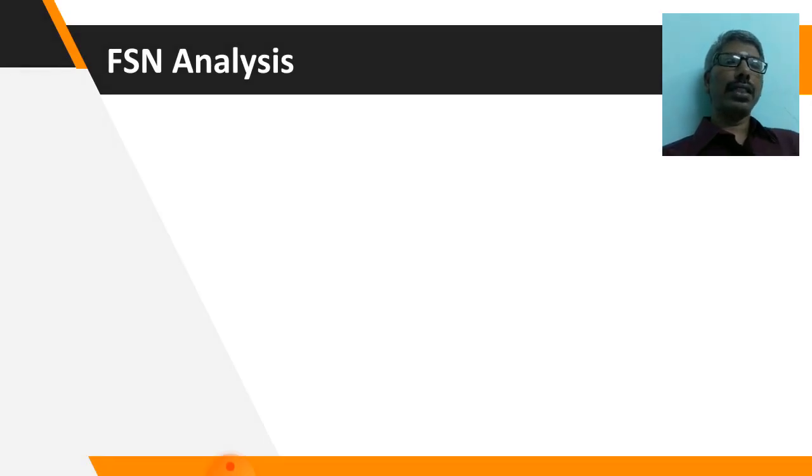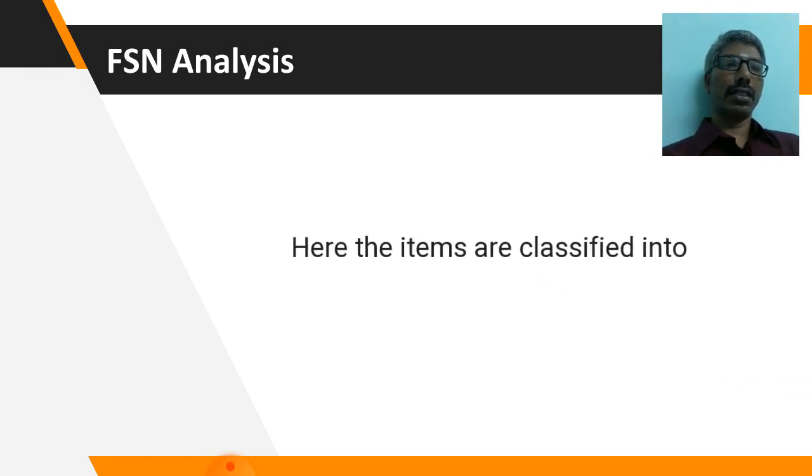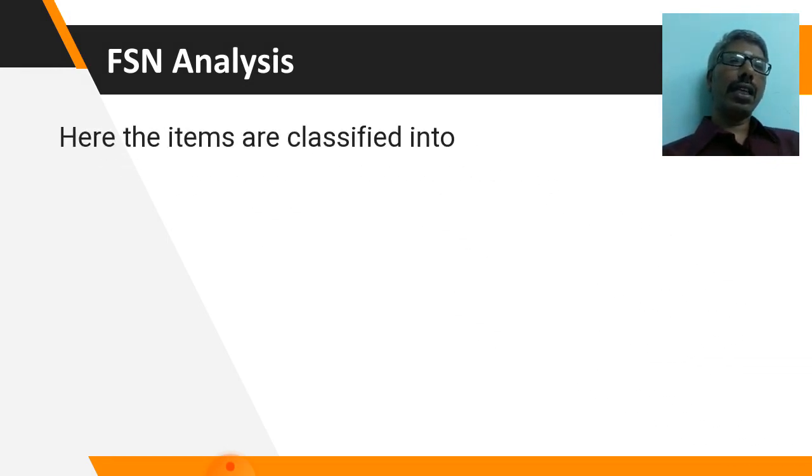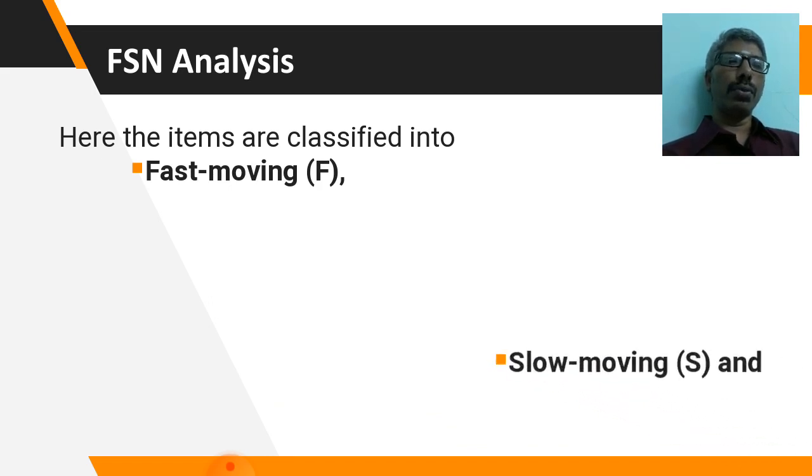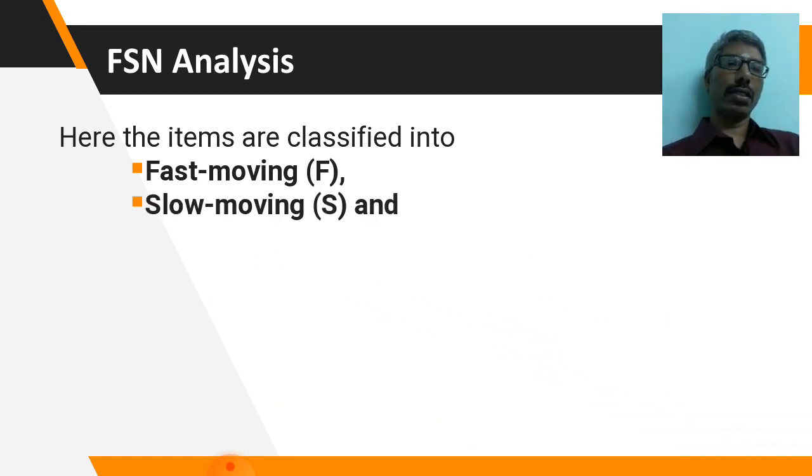The next one is FSN analysis. Here the items are classified on the basis of the movement of the goods, that is fast moving, slow moving, and non-moving.